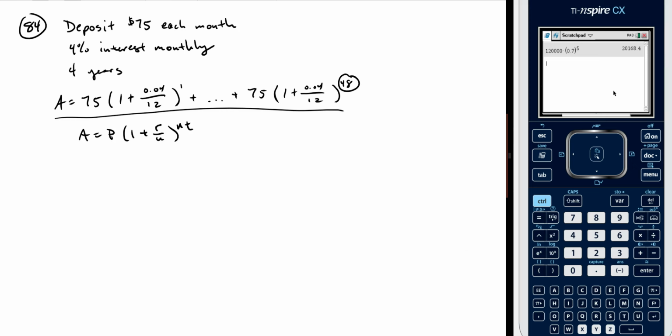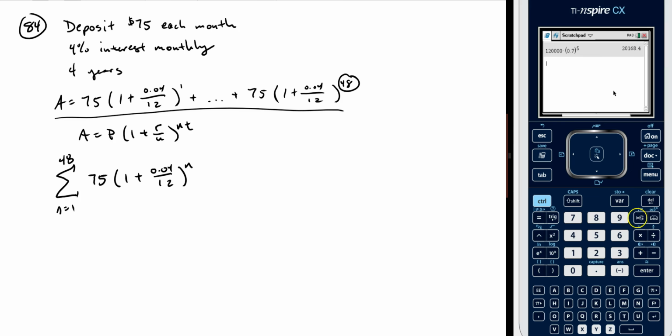But since it's an annuity, I'm going to add $75 each month. So that's why we have a summation. So this really turns into just a summation from, well, we'll use N equals 1 to 48 of 75 times 1 plus 0.04 over 12 to the N power.